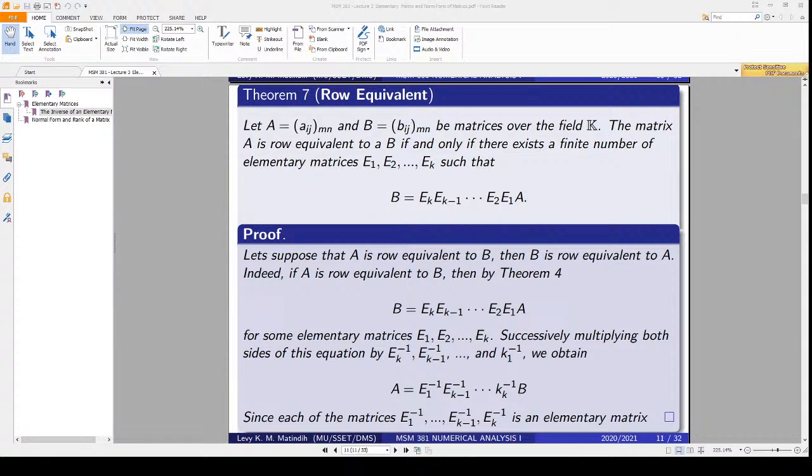For example, we said B is row equivalent to matrix A if matrix B can be obtained from matrix A by applying a finite sequence of elementary row operations on matrix A.